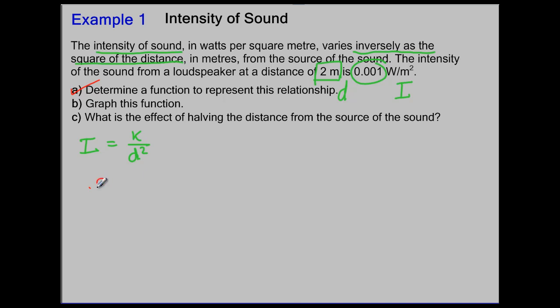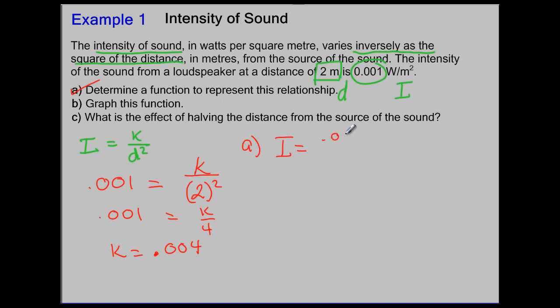I'm going to substitute in 0.001, leave K there because that's what we're solving for, and the distance is 2 squared. When I solve, we end up with K over 4, and finally K is equal to 0.004. So the answer to part A is that intensity is equal to 0.004 divided by d squared.